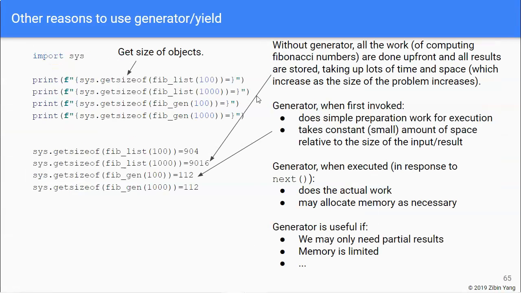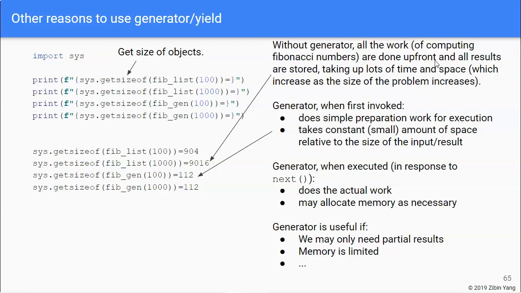Because when we run a function that is not a generator, a traditional function that returns all of the result, well, it has to do everything when it was invoked. And in this case, it computes however many Fibonacci numbers it has to compute, and it has to store all of them, right? It cannot throw away anything.